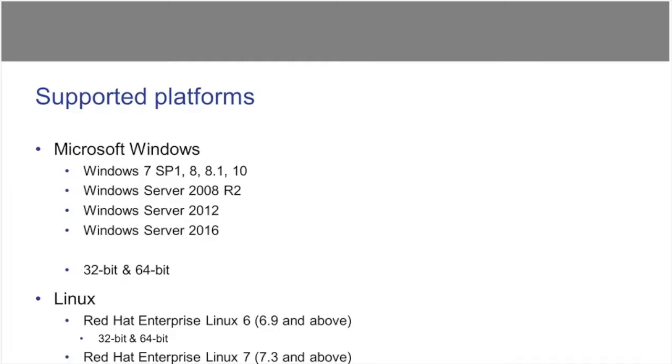So we support Windows and Linux. In SQLBase 12.1, we upgraded to Visual Studio 2017, and we use the modern settings. So now we support Windows 7 Service Pack 1 and above, and for the servers, we support Windows Server 2008 R2 and above.